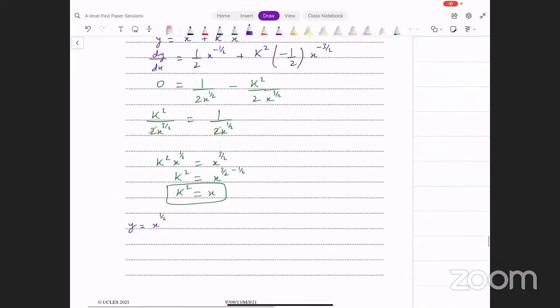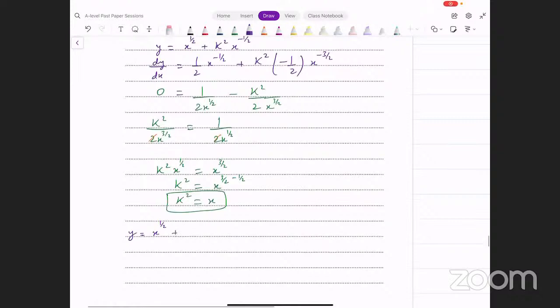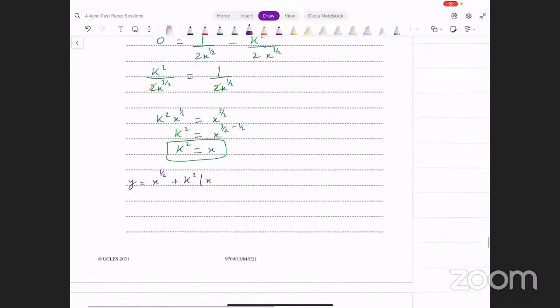x raised to power 1/2 plus k square into x raised to power minus 1/2, that was the equation. उसमें x की जगह पे हम क्या करेंगे, k square डाल दें.